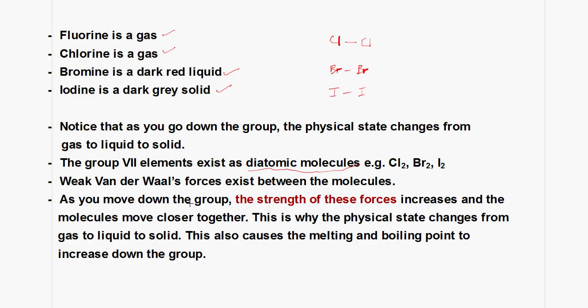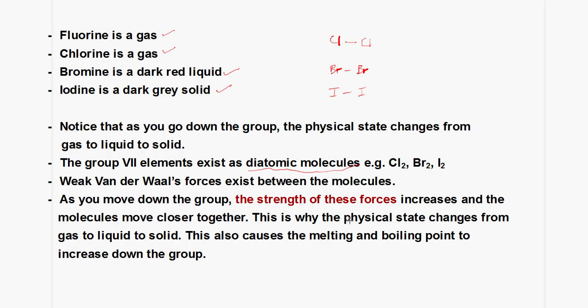Now, because they exist as diatomic molecules, it means that between these molecules, we will have some form of attraction between them. Now, this force of attraction between the diatomic molecules is very weak, and they are called van der Waals forces. Now, as you move down the group, the strength of these forces increases.